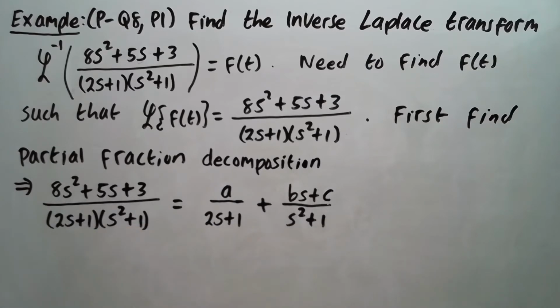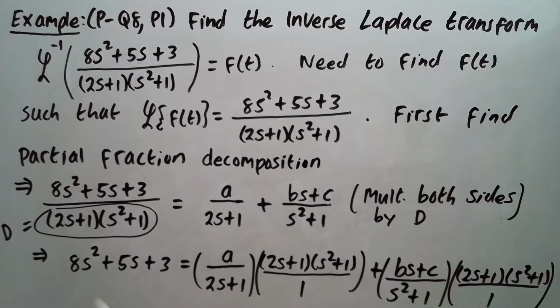Okay, so let's call this guy here D. So we're going to multiply both sides by D. Multiplying the left side by D, it'll cross off with the denominator, so you'll just be left with 8s squared plus 5s plus 3 on the left side.